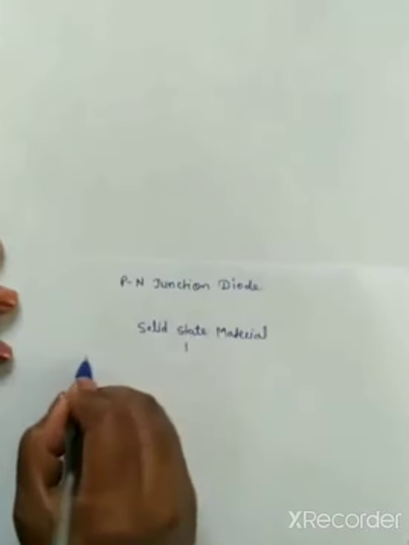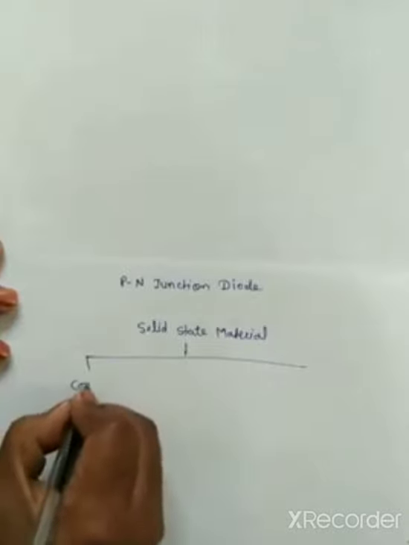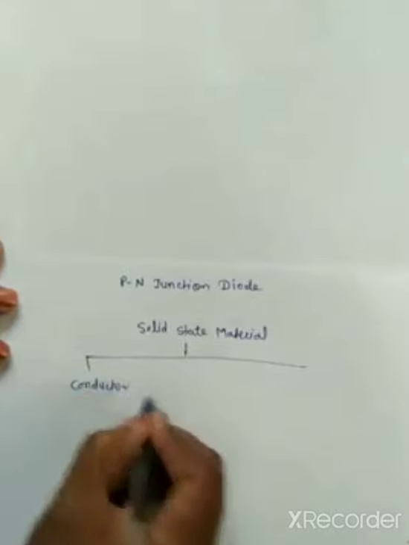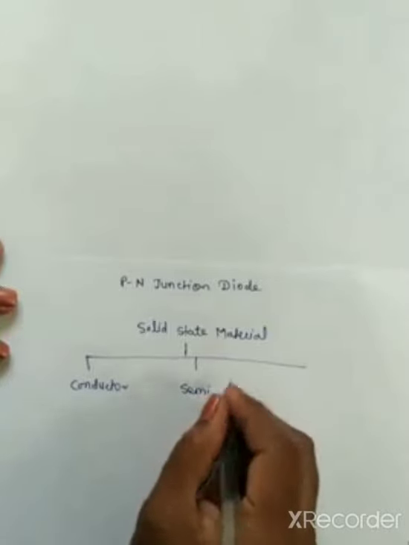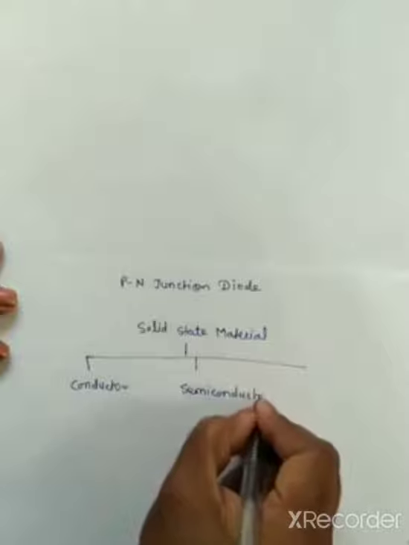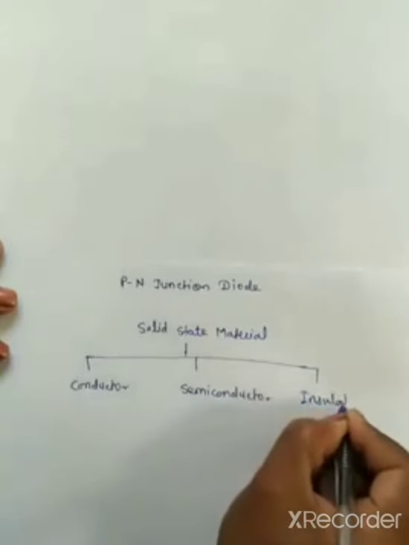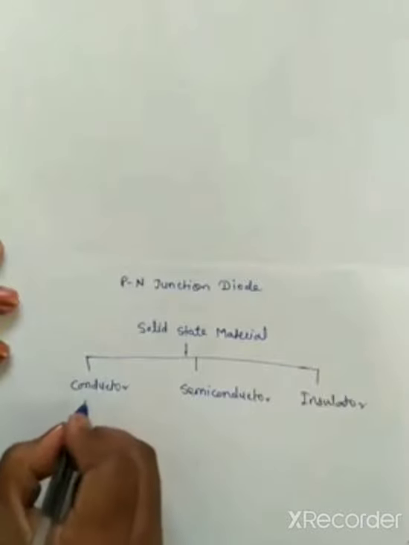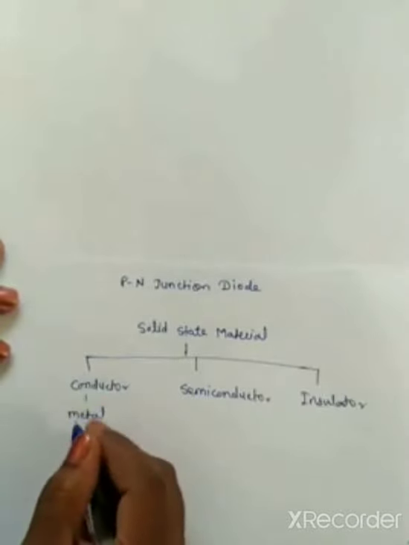On the basis of electricity, materials can be classified into three groups, that is conductor, semiconductor and insulator. Now conductor, for example metal, allows the flow of electrons.